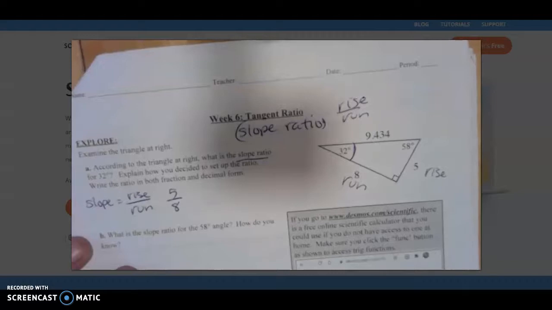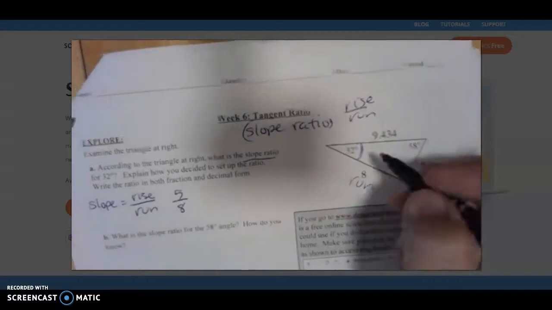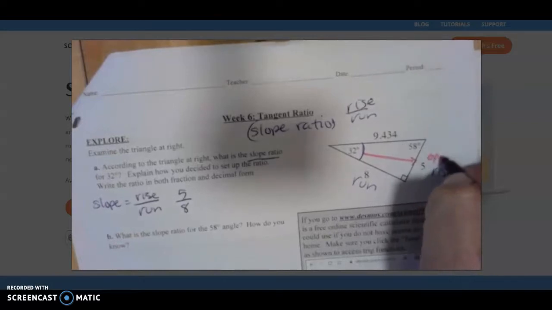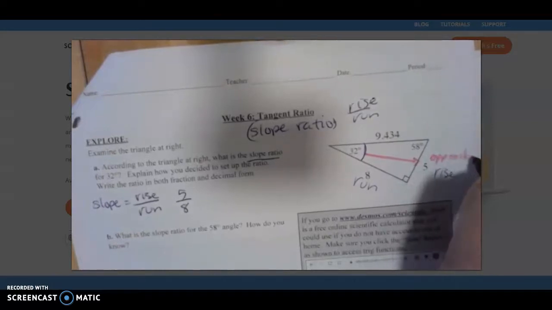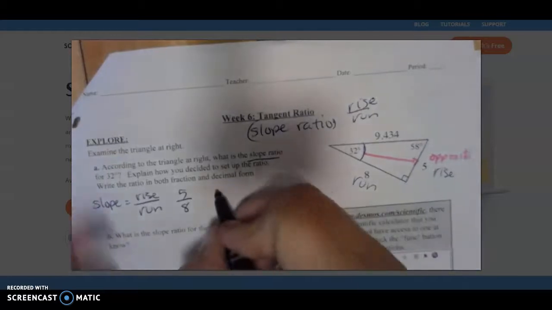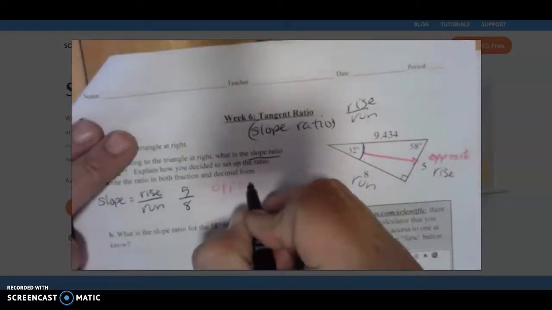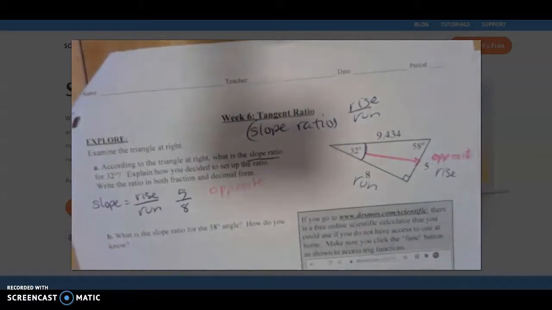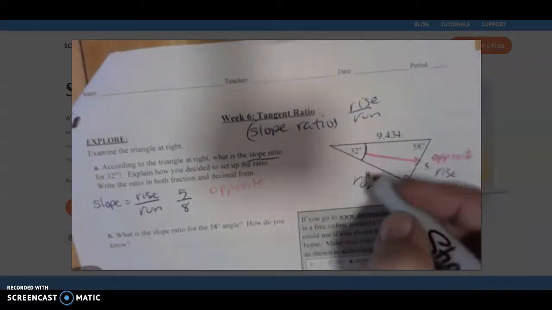Well, another way to look at that is from this position, this 5 is the opposite of 32 degrees. And then the 8 is adjacent.